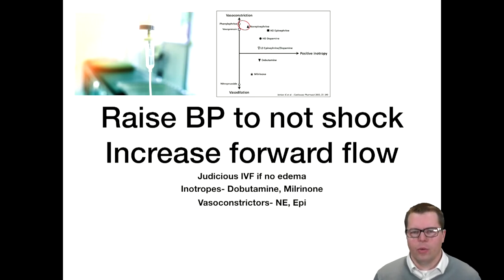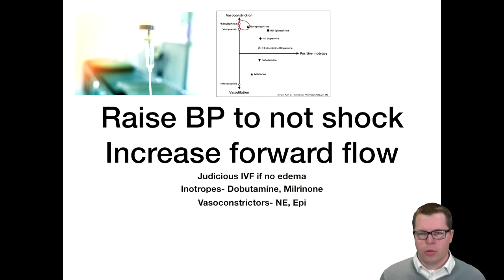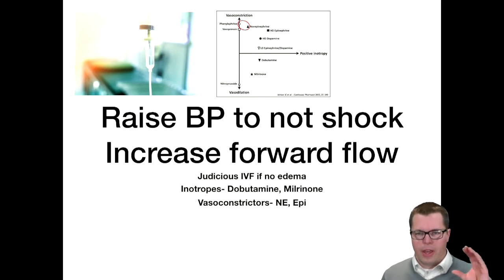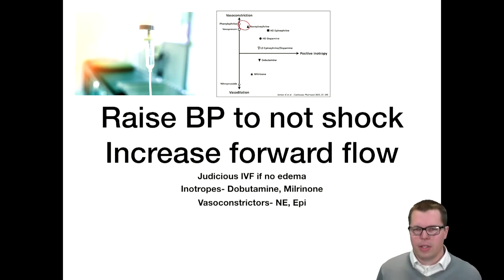If we have to, with those though, they tend to actually drop your blood pressure a little bit. So when you throw some dobutamine on somebody, it may actually cause a little bit more vasodilation, which causes more hypoperfusion because your organs can't auto-regulate anymore, especially your kidneys and your brain. So as we're getting the heart to beat faster with some dobutamine or milrinone, or for that matter, low-dose epinephrine, what we might need to add on too is a little bit of vasoconstrictor.